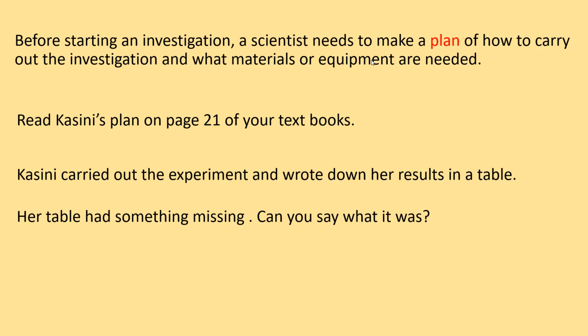So before starting an investigation, a scientist needs to make a plan of how to carry out the investigation and what materials or equipment are needed. Read Cassini's plan on page 21 of your textbooks. This is Cassini's plan.